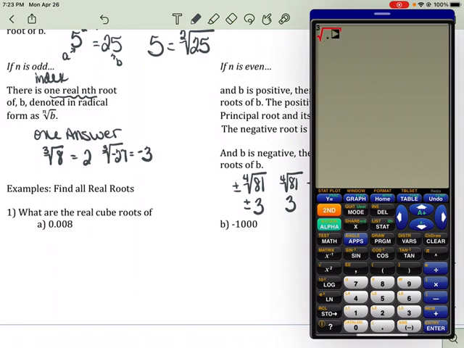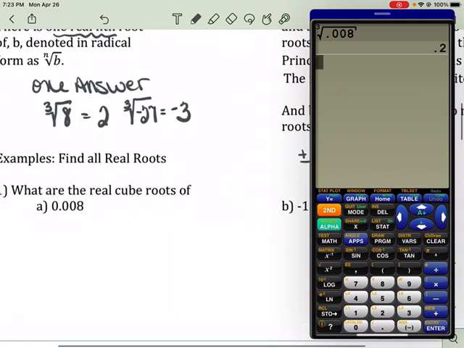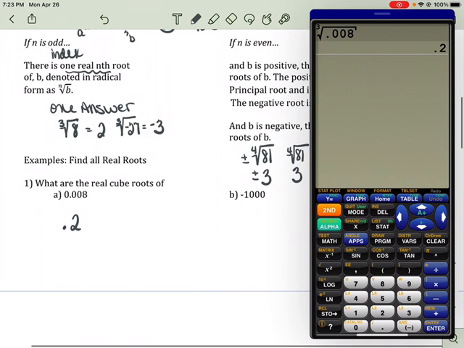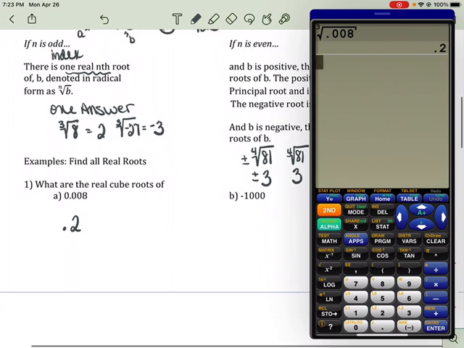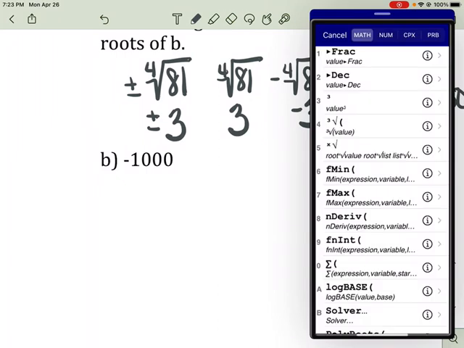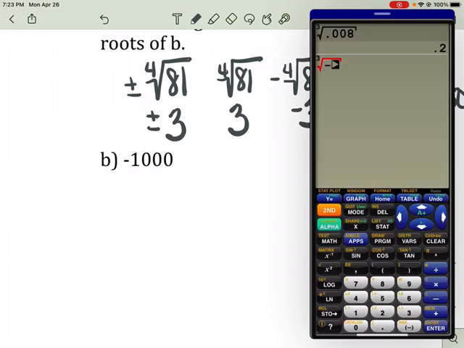I put in 0.008, and I get 0.2. There's only one solution, because the 0.008 is positive. Cube roots, one answer. If I wanted the cube root of negative 1,000, math, cube root, negative 1,000, it's going to tell me negative 10. That's it.